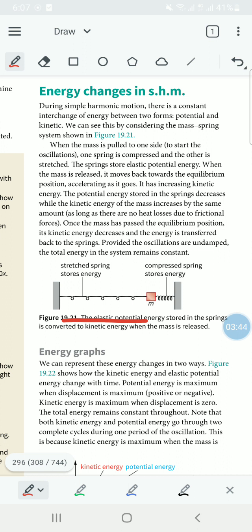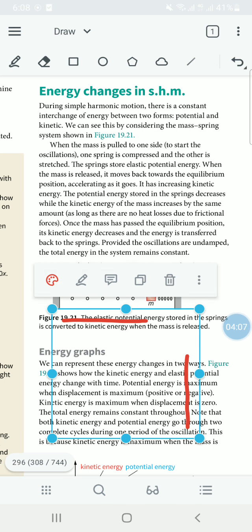Considering that the oscillations are undamped, and there is no energy loss due to friction or any other force acting against the motion, the total energy in the system will remain constant. Then we can represent these details in graphs.